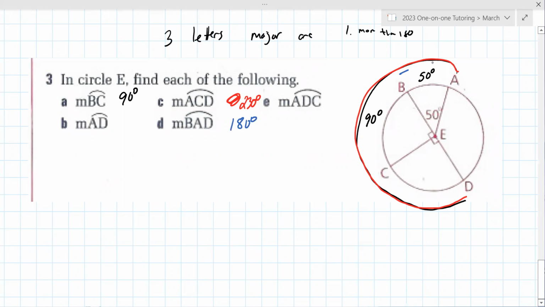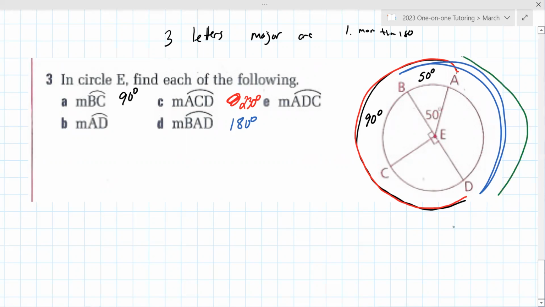And that's from B to A to D like that. Then for ADC, 220.